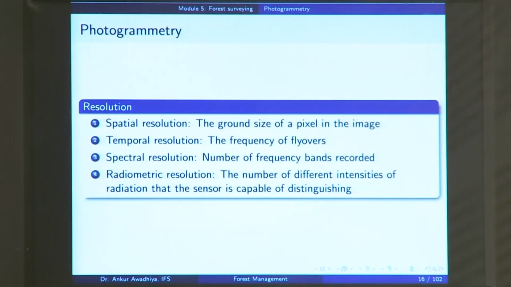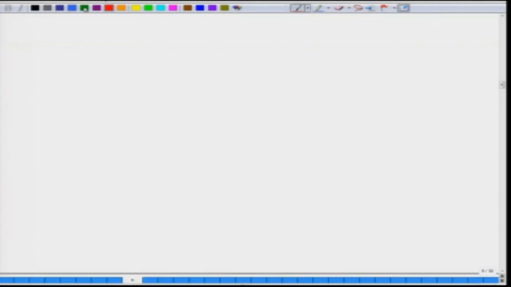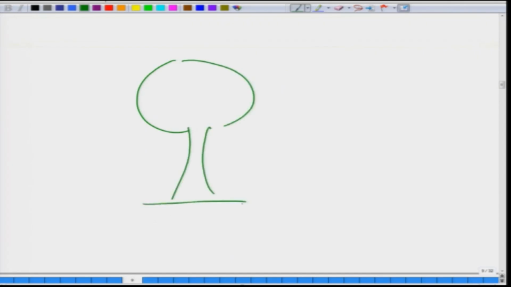Now, the fourth resolution is the radiometric resolution, or the number of different intensities of radiation that the sensor is capable of distinguishing. So, what we are saying here is that you had this tree. Now, if you are taking, suppose, a black and white photograph, when we talk about the radiometric resolution, what we are saying is whether your image is coming only as black and white or is it also coming as shades of gray.